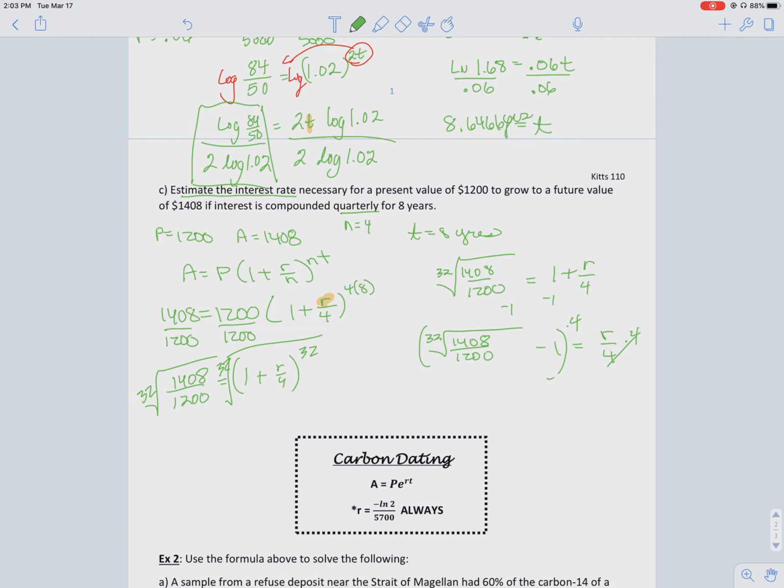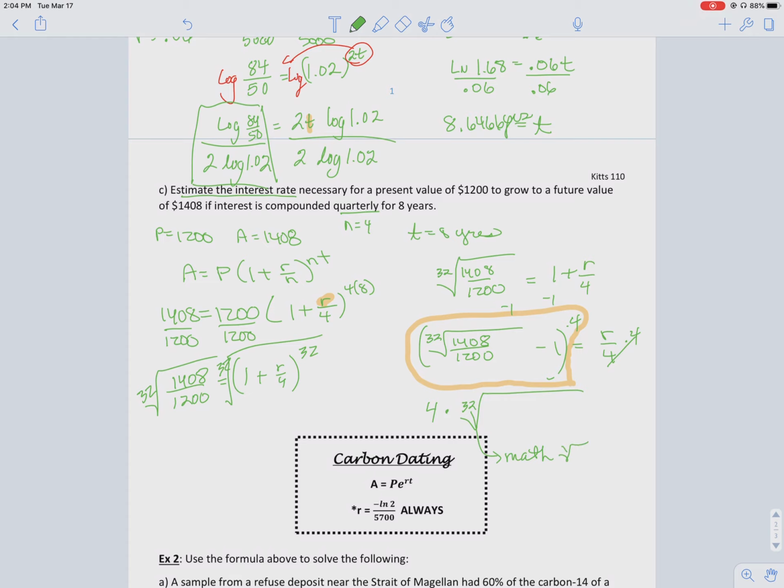So the last part is you just have to plug this in the calculator. So you're going to plug this whole thing into your calculator. And you could do 4 times the 32nd root. And remember, that's under math.